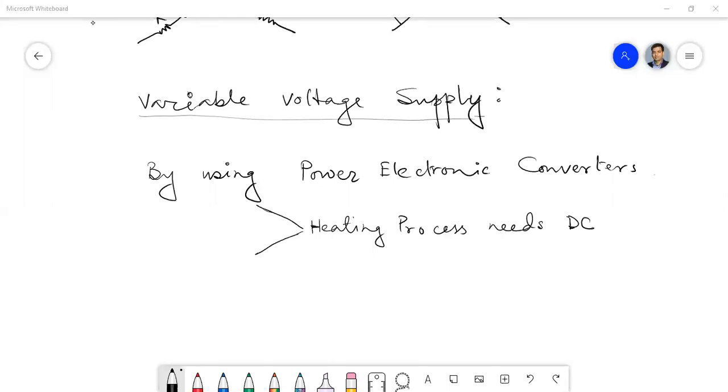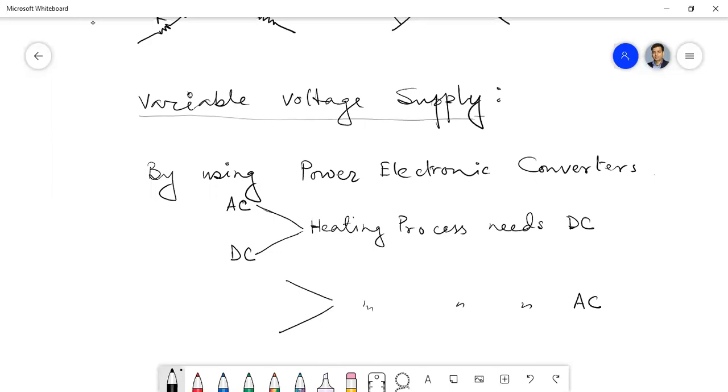Okay. So that means we have to consider what the available input is. Suppose you already have DC input or you have AC input, then somehow you have to arrange for this DC. Now another possibility is you need AC supply for your heating process.